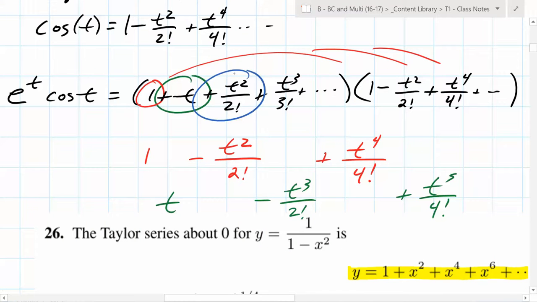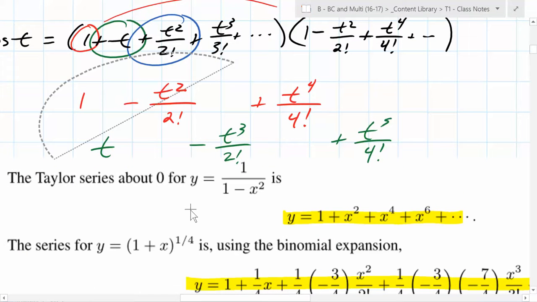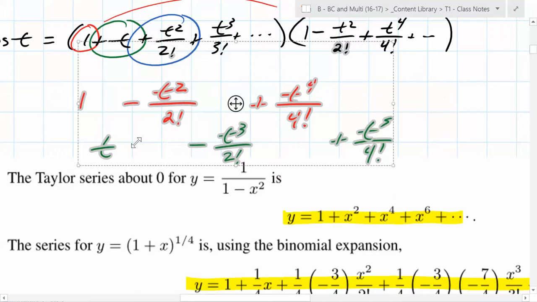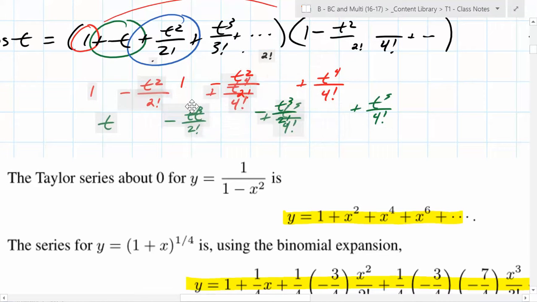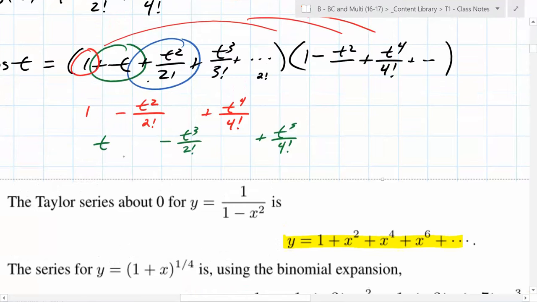Then it's really just being really careful about combining like terms. You also have to be careful of the following. I'll make this smaller so we can do a few more. If we do the next one, what's the next term going to be? Let's do the blue one here. Times 1, t squared over 2 factorial.